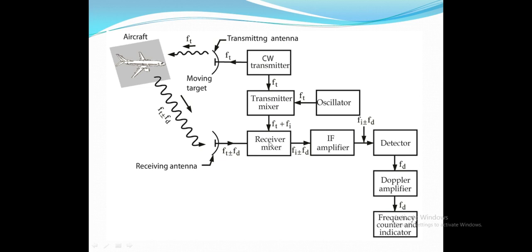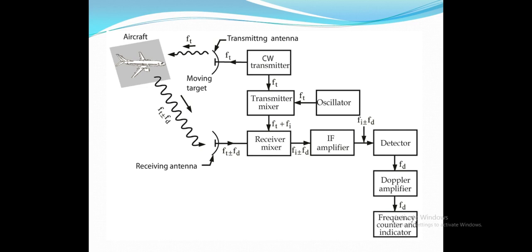The receiver mixer output is amplified by using this IF amplifier. The IF amplifier output is demodulated in the detector to produce the Doppler frequency Fd. The Doppler amplifier eliminates the echoes from the stationary targets and amplifies the Doppler echo signal Fd.